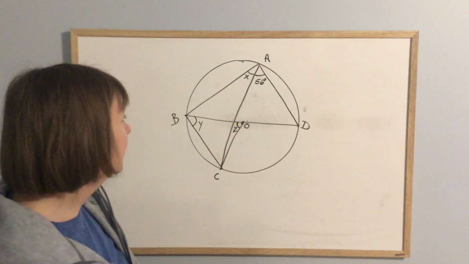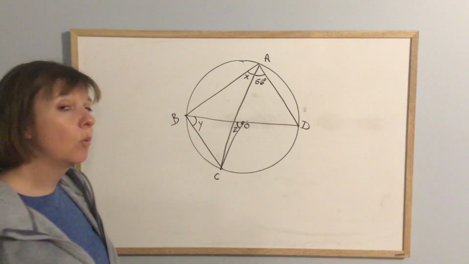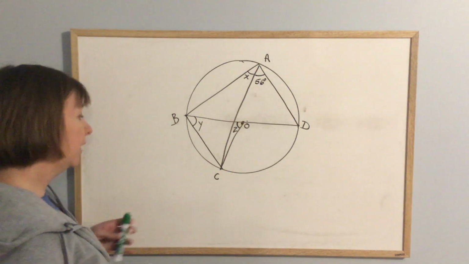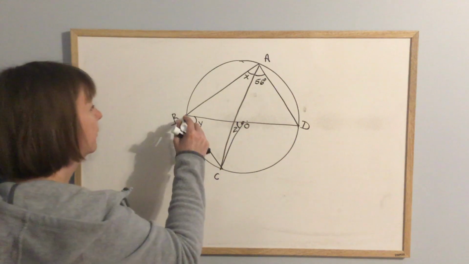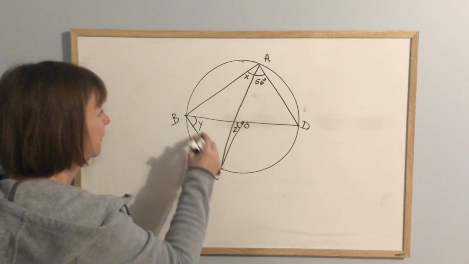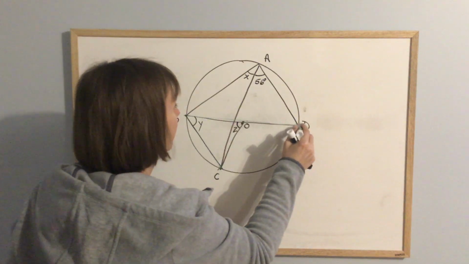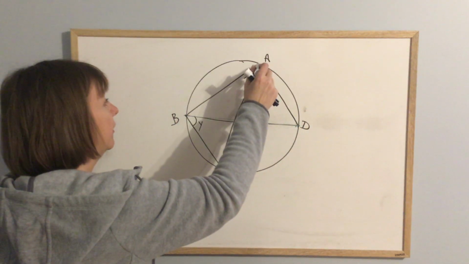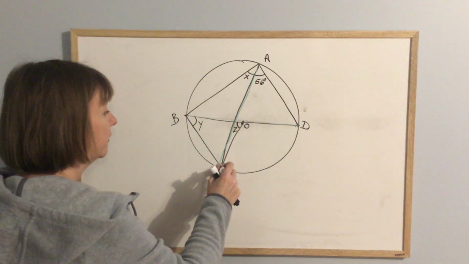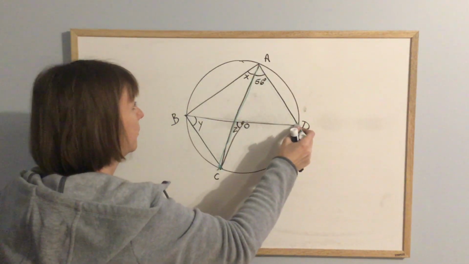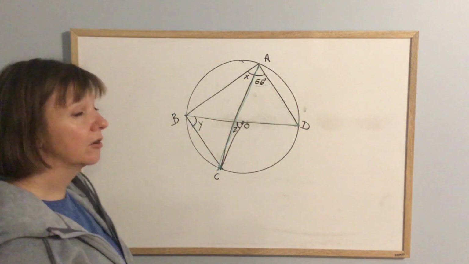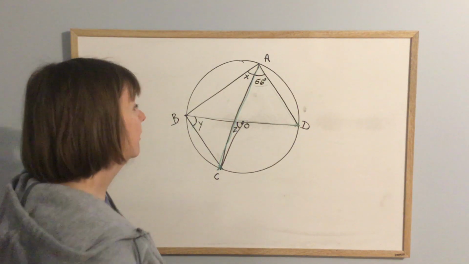So I'm looking at this. I see Y first, actually. And the reason why I see Y first is if I look at Y, it comes out to point C and point D. This 56 comes out to point C and point D. This angle and this angle are subtended by the same arc.